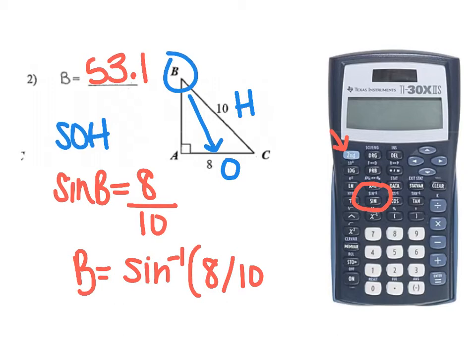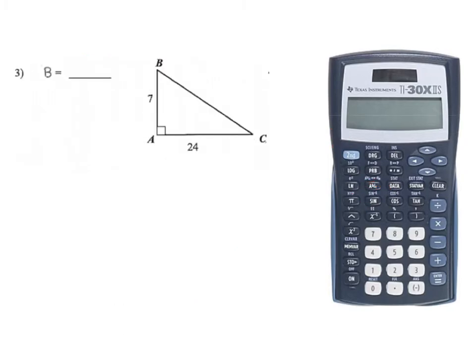So very similar to last week, but in the last video you had an angle and one side and you were solving for the other side. Now I have 2 sides and I can use that and the second sine button to find the missing angle. This says I'm solving for B, so I'm going to label my triangle according to angle B. So this would be opposite. 24 is across the triangle, and 7 is adjacent.